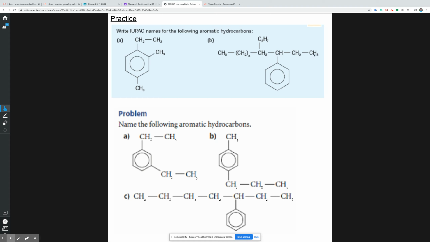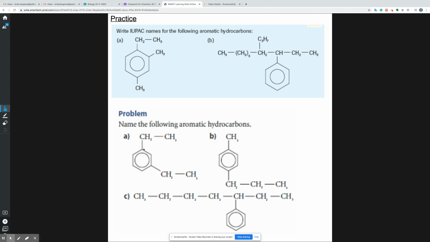For numbering, we start from this side to get the lowest number, 1, 2, 3. Phenyl comes before propyl, so it'd be 3-phenyl, 4-propyl. It's 8 carbons, so octane. So 3-phenyl, 4-propyloctane.